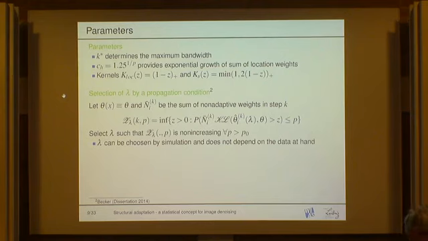Okay, parameters. One parameter is k star, which determines the maximum bandwidth, the number of steps in the algorithm. This, in principle, can be chosen looking at the variability reduction that I want to get, and also it determines the numerical complexity of the algorithm. So how much time do I want to spend?